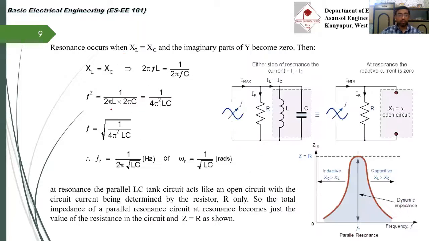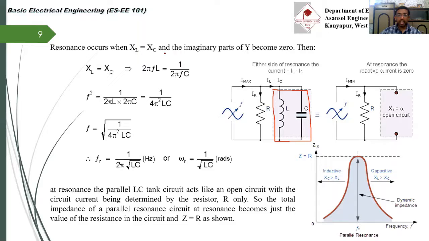Fine. Now, the resonance occurs. What was the condition? That the total imaginary term must be equal to 0, or the inductive reactance must be equal to the capacitive reactance. Here also you can see that for this LC part, XL equals XC.